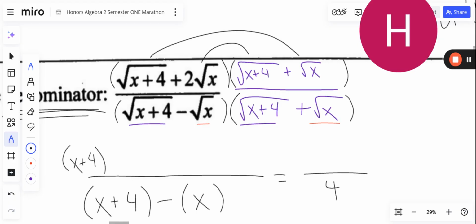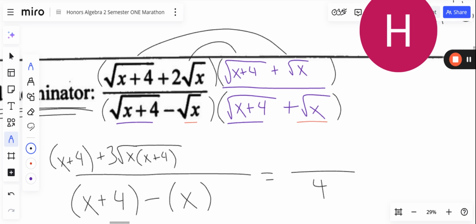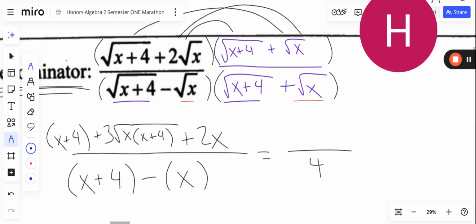So this is going to be one of these root x times root x plus 4, and two of these root x times root x plus 4. And I guess we can just sort of put it like that. We can multiply radicals by multiplying their insides. And then when we do the last multiplications, that's going to just give us 2x. So putting things together, we're going to have 3x plus 3 square root of x squared plus 4x.